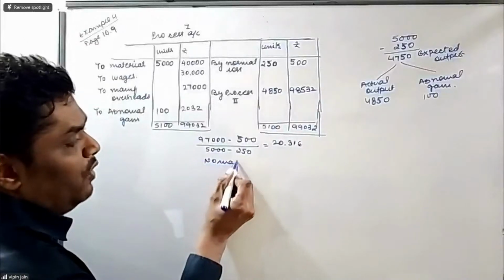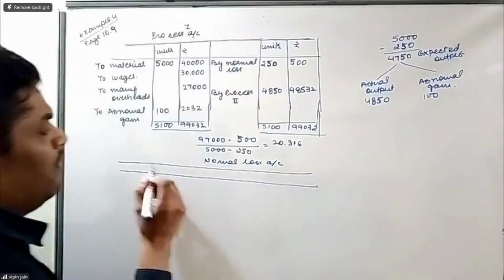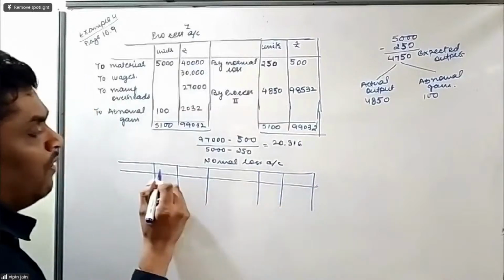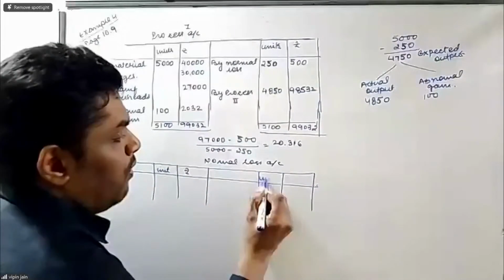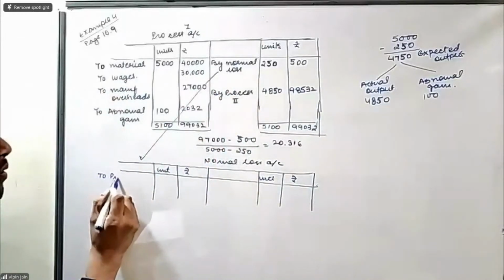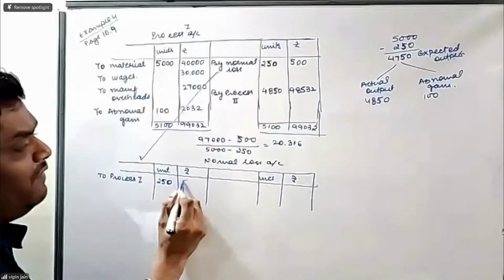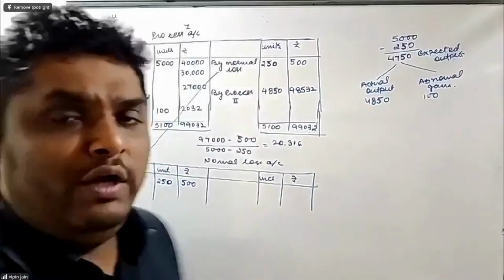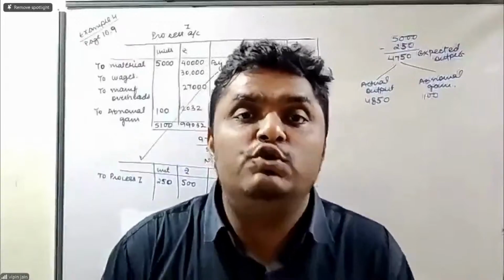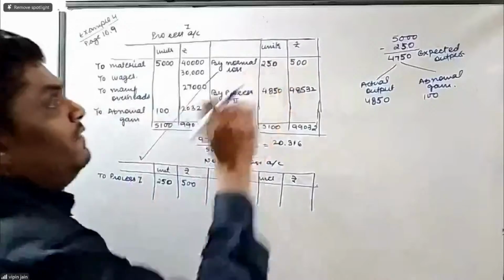If you prepare the normal loss account, 250 units and 500. Very important, guys. See, 250 units is my normal loss. But when talking about the actual units that are sold in the market, it is only 150 units.